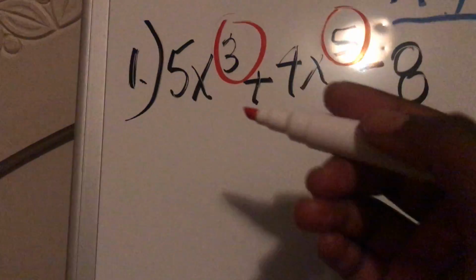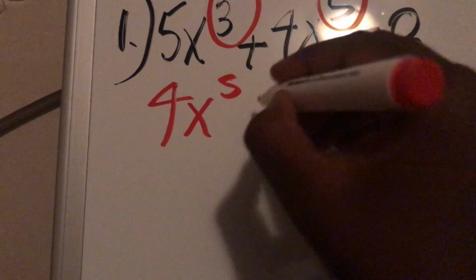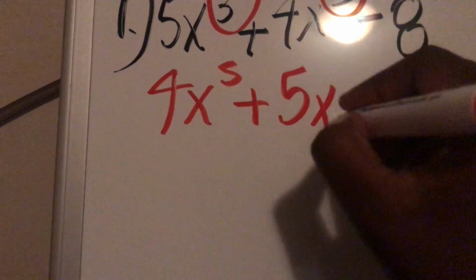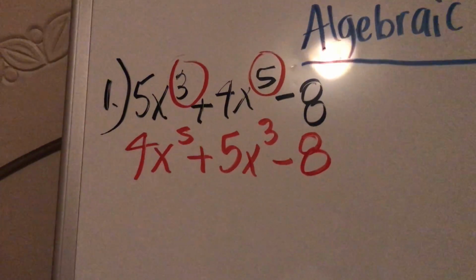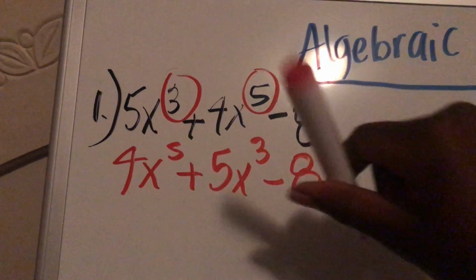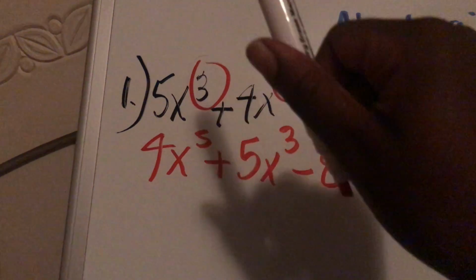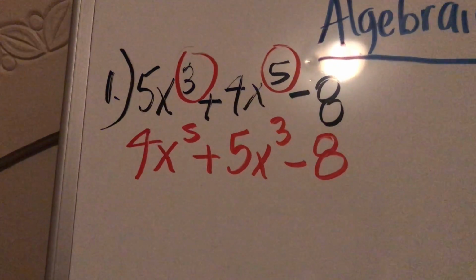So it'll be 4x to the 5th plus 5x cubed minus 8. That is how you write this in standard form. Just put it in order based on the exponents, from the largest exponent to the smallest exponent.